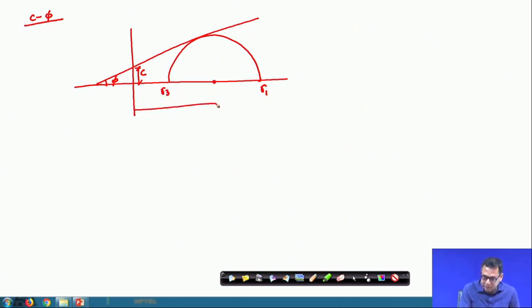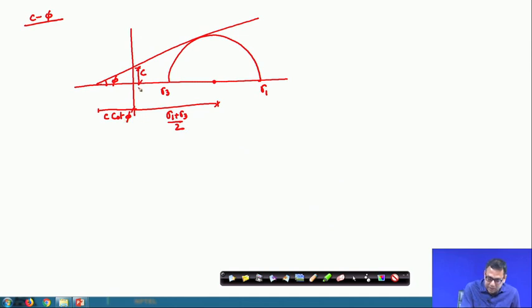The center will be at sigma 1 plus sigma 3 divided by 2 plus a term. This is c, this is phi, so I can write this amount as c cot phi.